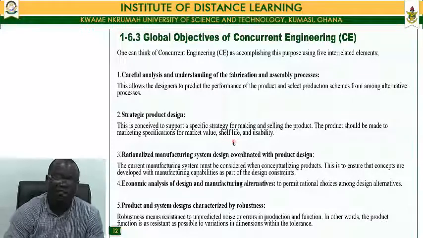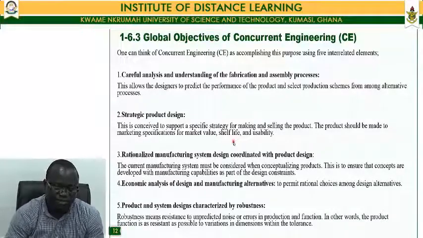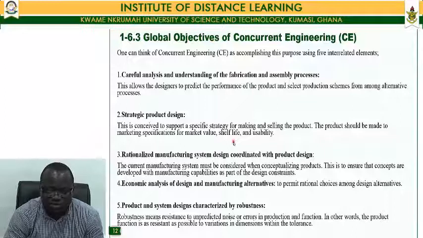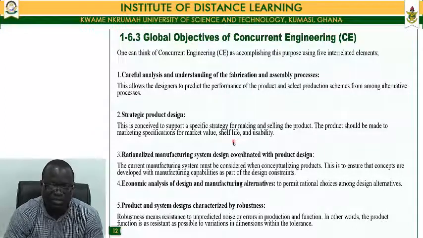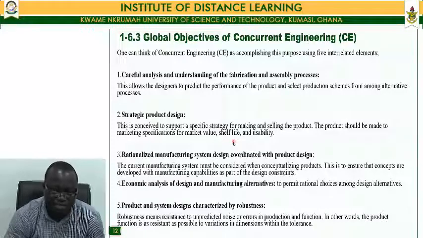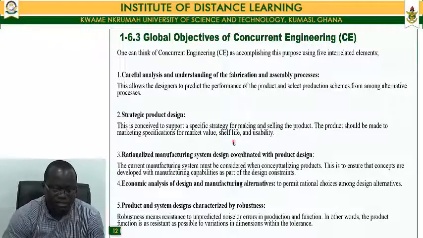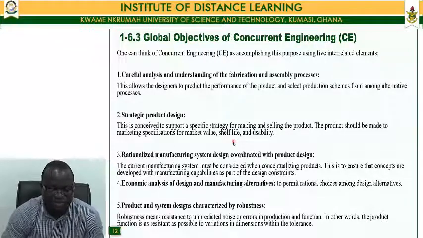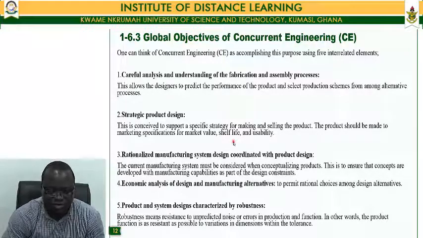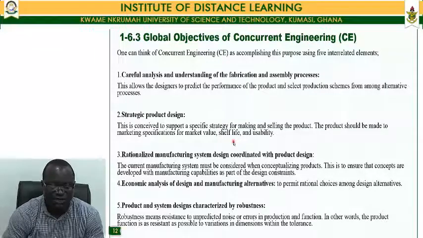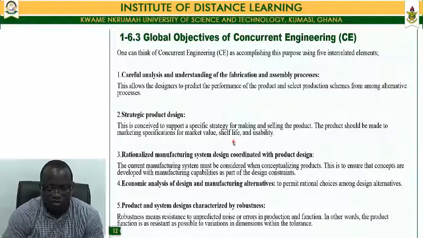You check a particular model of a car and you notice that the design is consistently in a particular way. A typical automobile industry you can use is the Benz automobile industry. You notice that their designs are very robust. They do few changes here and there because it's a strategy.